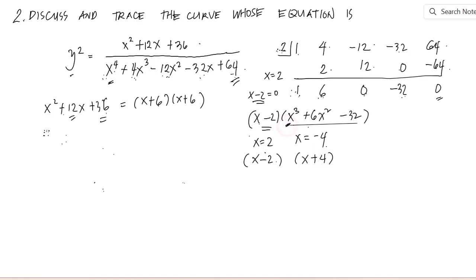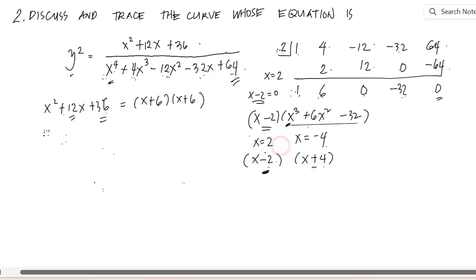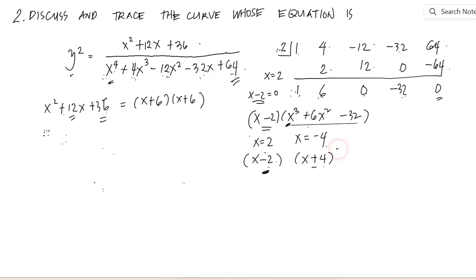Since this is a cubic, it means that it has 3 factors, so one of these values is repeating. If we repeat x minus 2, that's negative 2 times negative 2, which is positive 4, times 4, that's only 16. But if we have 2 factors for x plus 4, that would be 4 times 4, 16, times negative 2, that's negative 32.